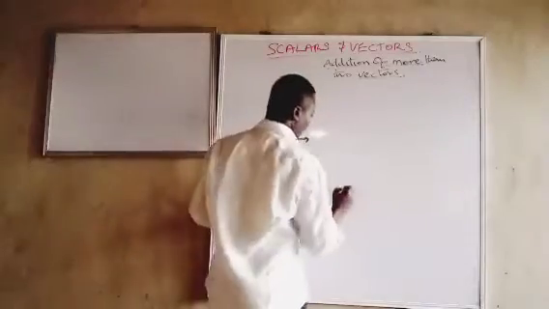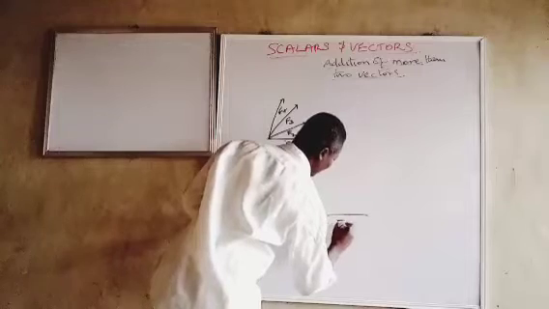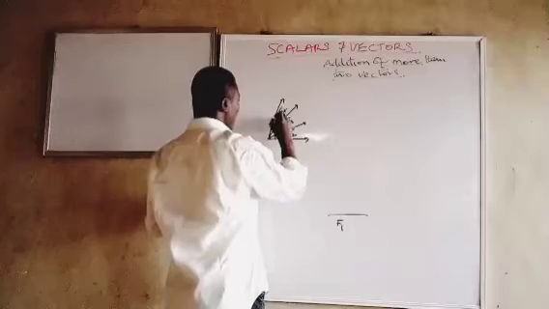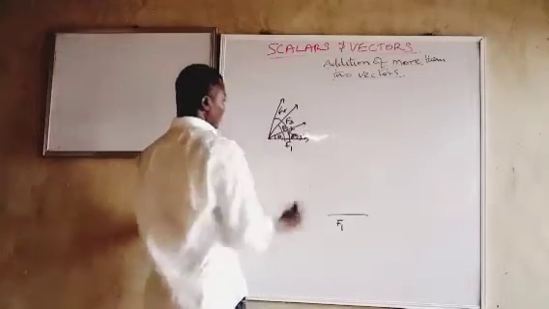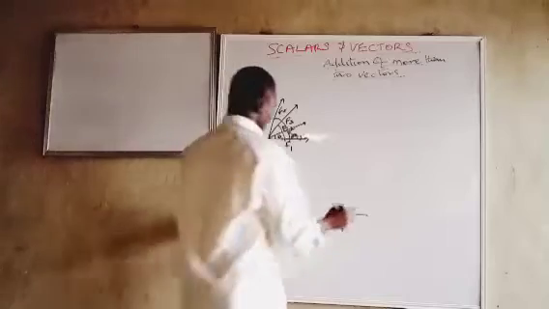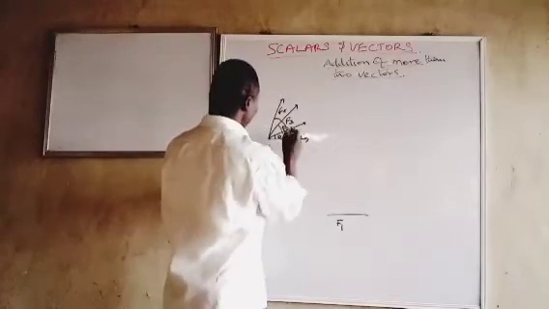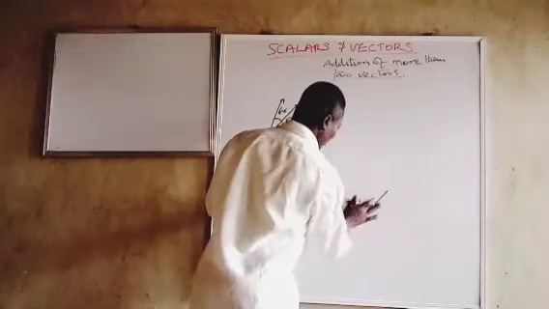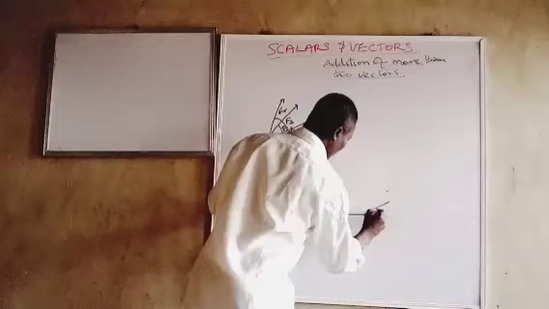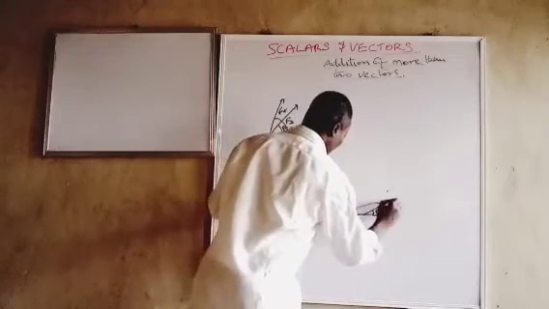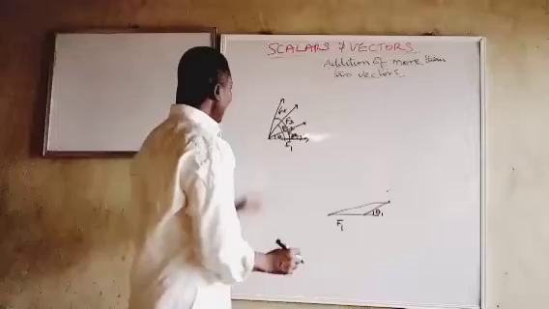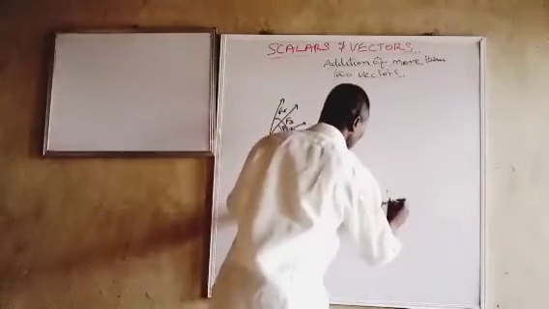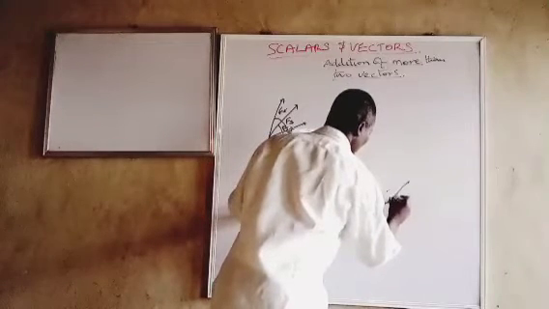So let me illustrate it. Now this one is F1. See the angles, theta 1, theta 2, and then theta 3. The first one is this. If I add this one to it, I will go like this. See the sum. Can you see? Now again, this is theta 1. The next one, see, theta 2.